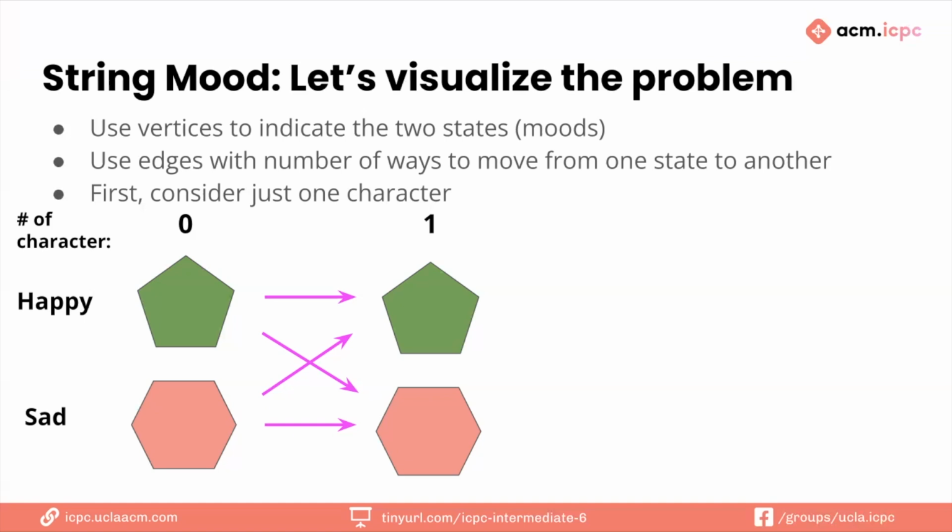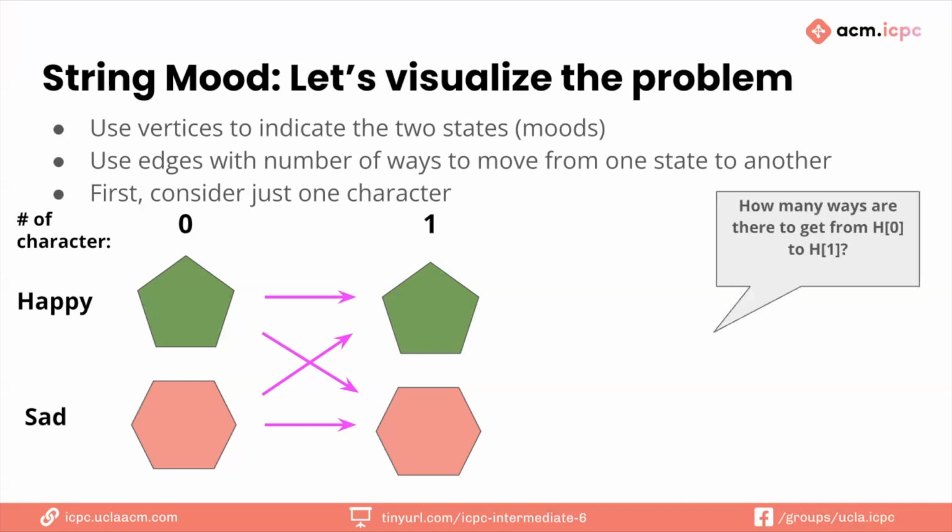So first of all, can someone tell me how many ways there are to get from H0, this box, to H1? Anyone? No idea. Well, it's actually very similar. It's based on the example that we just talked about.